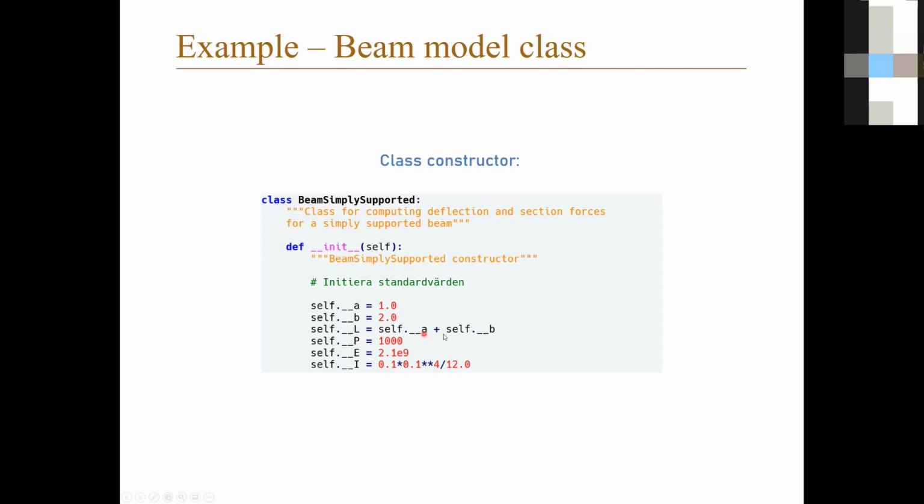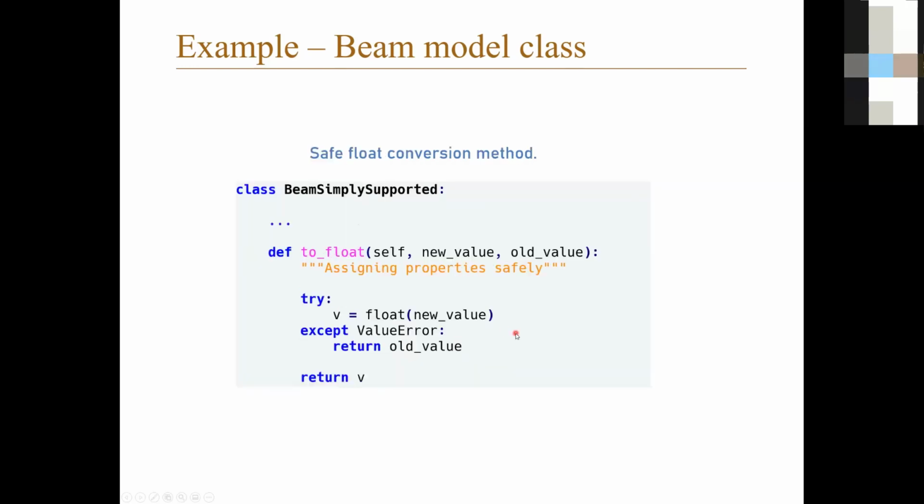L is a calculated value from A and B. I have to be able to handle any errors converting to and from strings, from floats to strings. I have a method here called toFloat that will take the new value I want to assign. This could be a string or anything, and then the old value is provided as a second parameter. So if Python can't convert the new value, it will fail and return the old value. So it will fail silently.